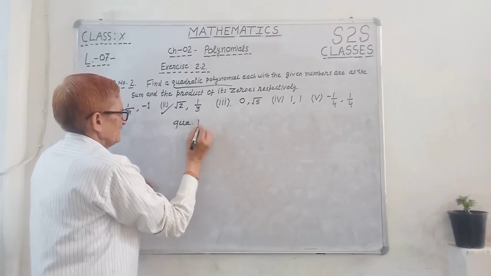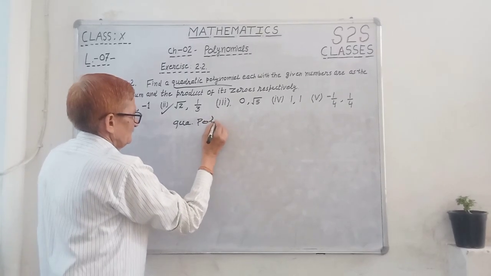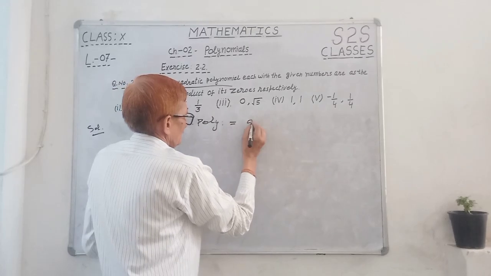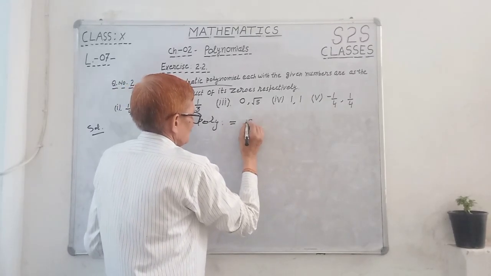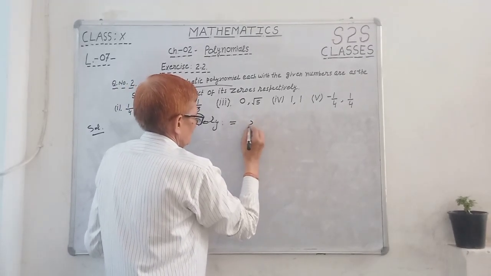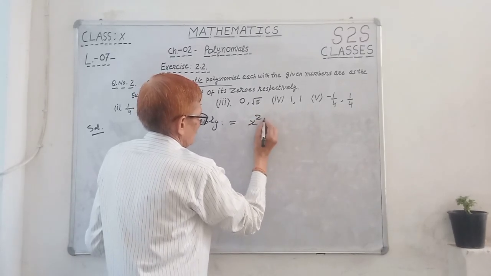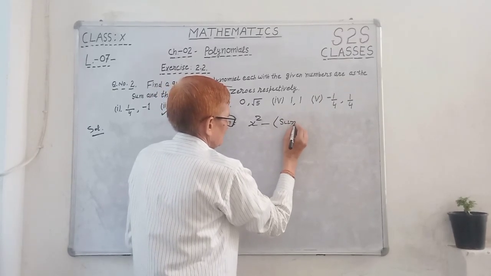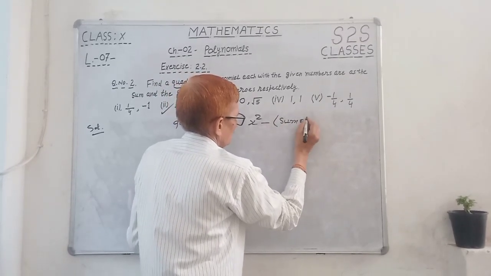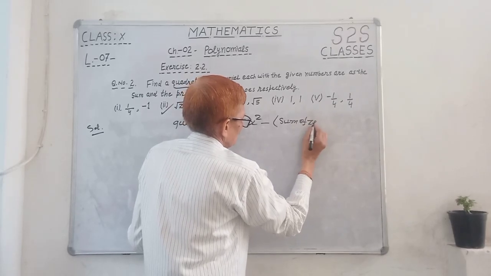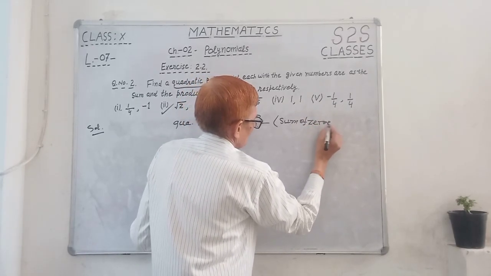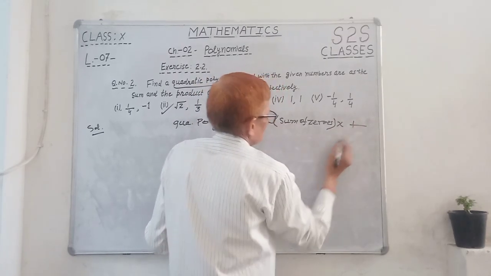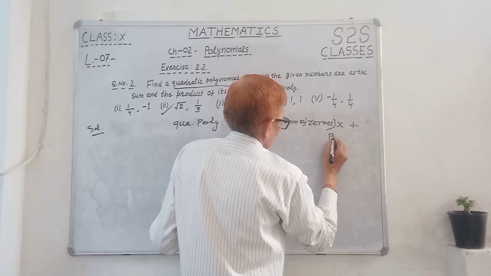This one is there, quadratic polynomial: x square minus sum of zeros into x plus product of zeros.